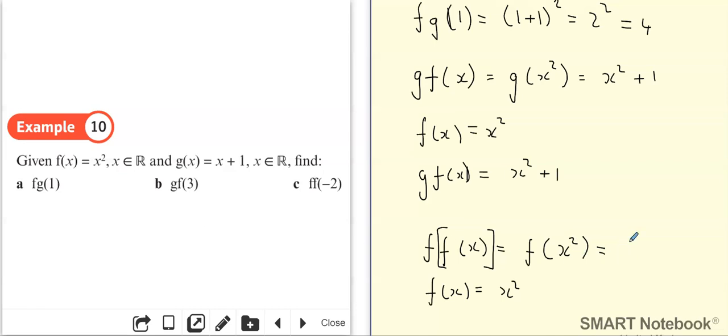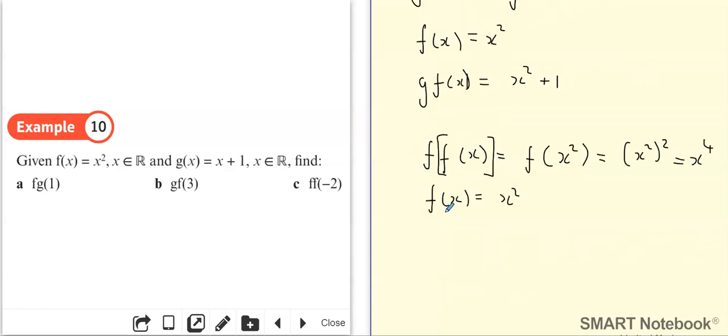If my input is x squared, I'm going to square that, and I end up getting x to the power of 4. And there's my answer. So what we have worked out is that ff of x equals x to the power of 4.